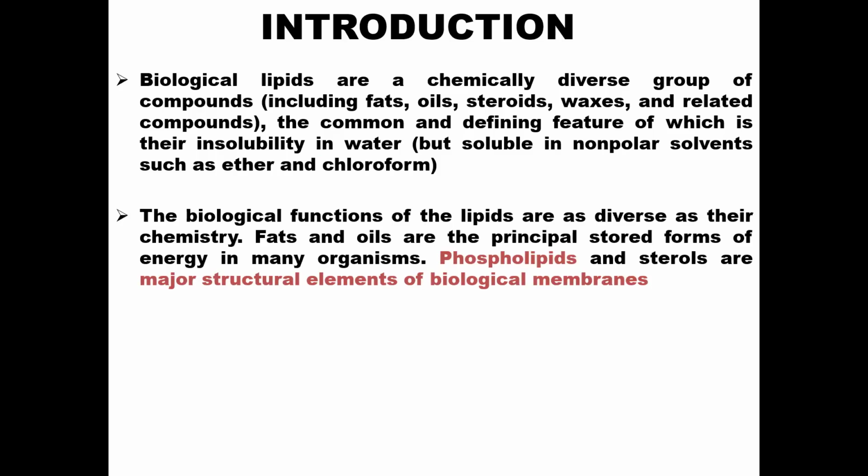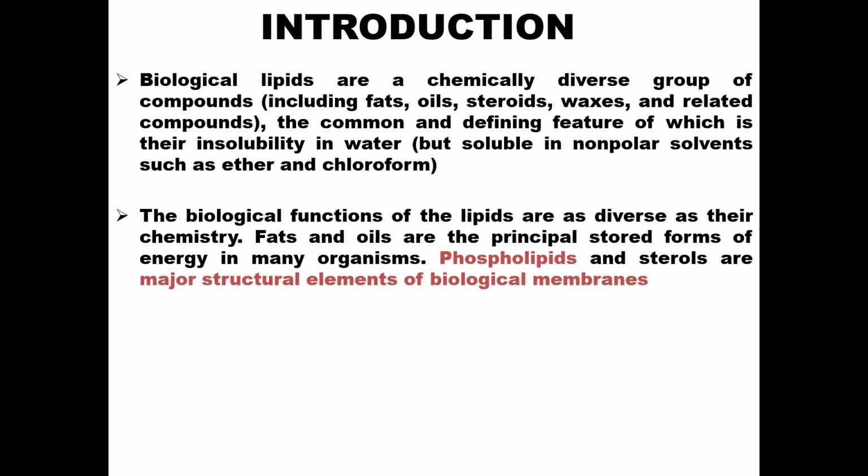The biological functions of lipids are as diverse as their chemistry. Fat and oil are the principal storage forms of energy in many organisms. Phospholipids and sterols are major structural elements of biological membranes.